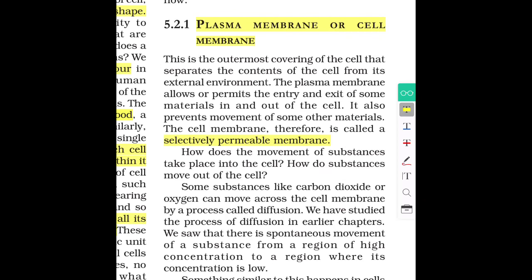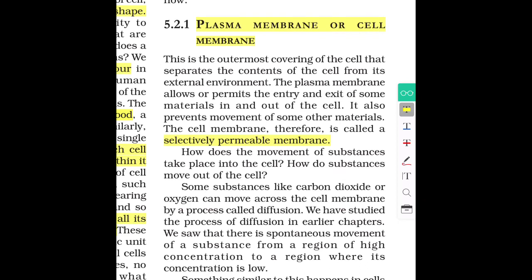We have already studied diffusion in the previous chemistry chapter. This diffusion is related to that, but here it is specified only about a cell because the diffusion is going to occur through a cell.